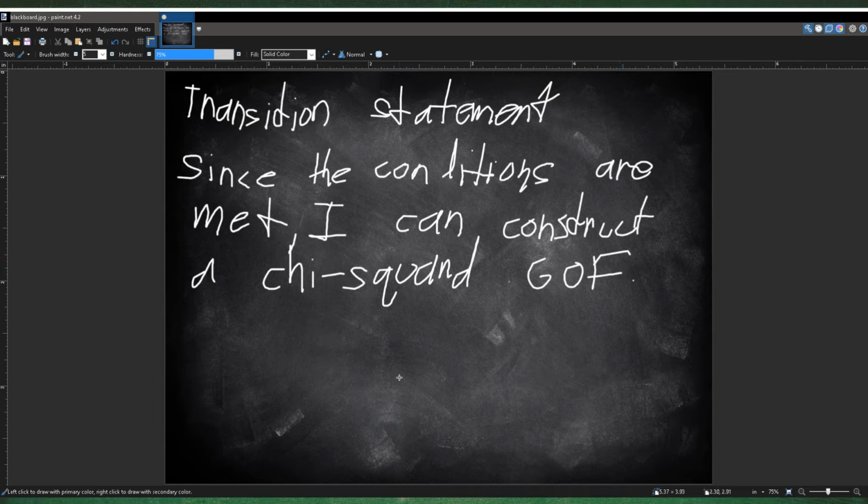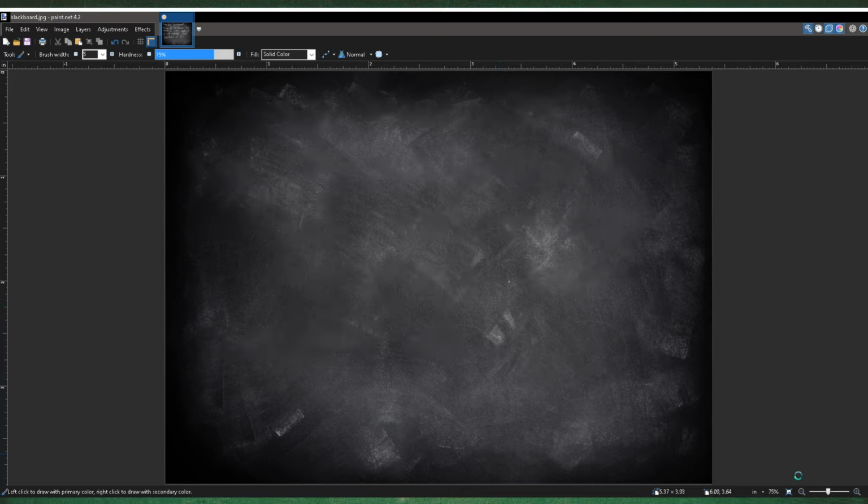If you want to write goodness of fit out, you could, but GOF is fine. There's only 3 types of chi-squared anyways. There's goodness of fit, there's homogeneity, and independence.